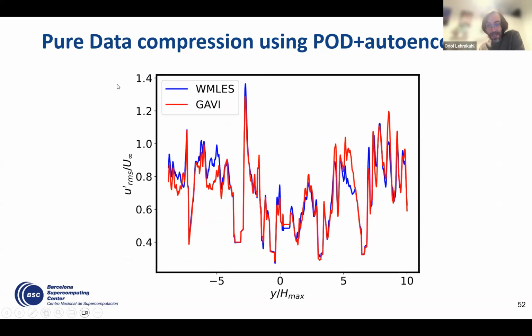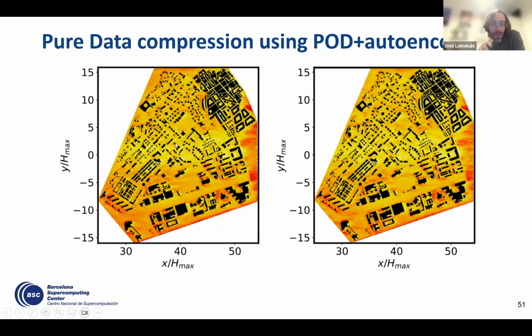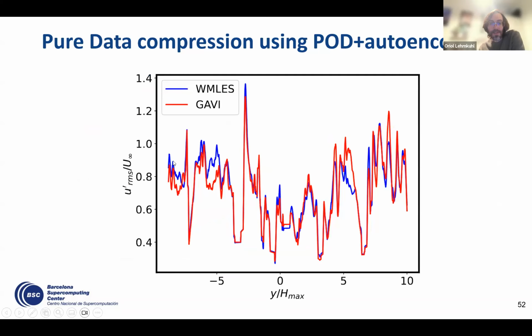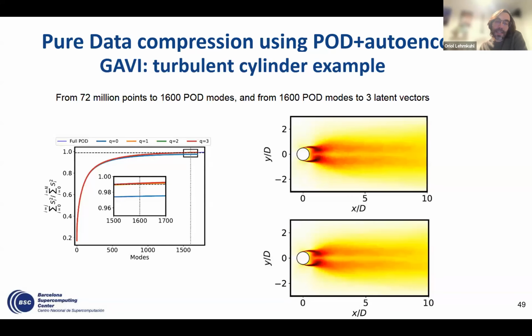Hard to tell, because even if you do a line that is crossing like this, you will see this difference, no, for the fluctuations of the velocity. So it's not exactly perfect, but it's a very nice compression and it already reduced the data set a little bit.